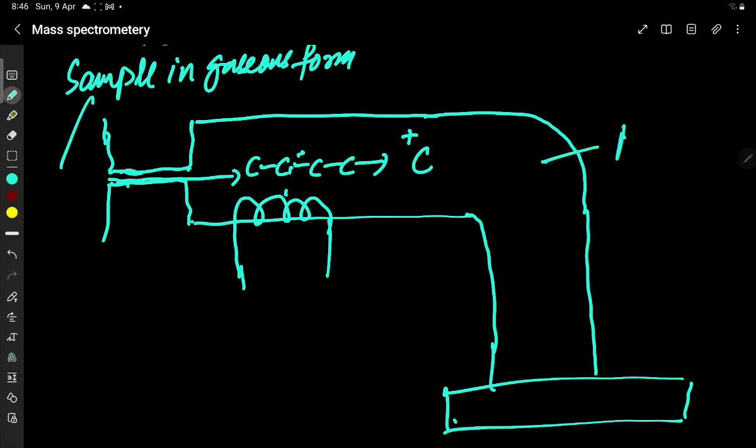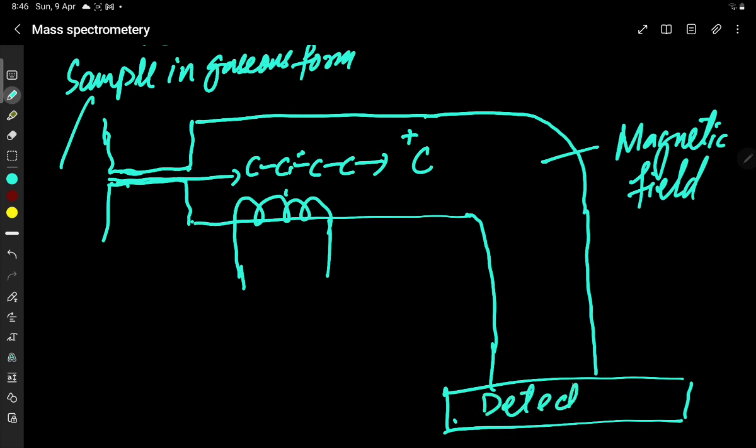So over here is the magnetic field, and the magnetic field separates on the basis of mass over charge ratio. And this is the detector. The detector only detects the positive molecular ions, and this magnetic field separates the ions on the basis of mass over charge ratio.